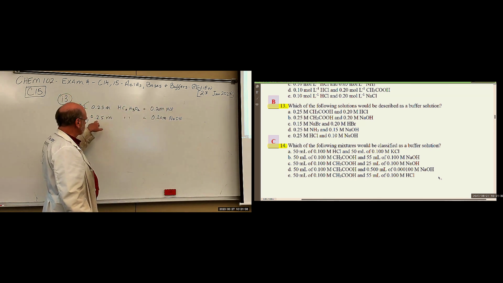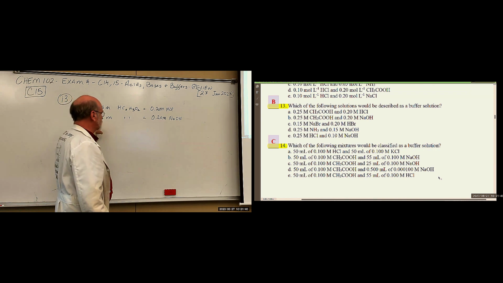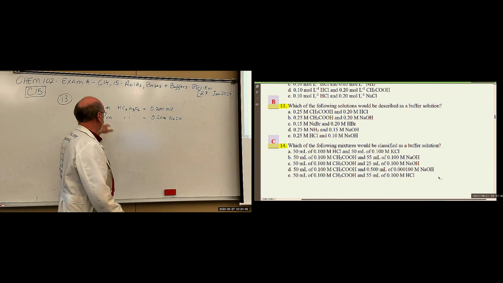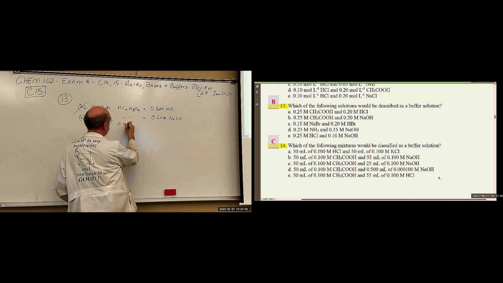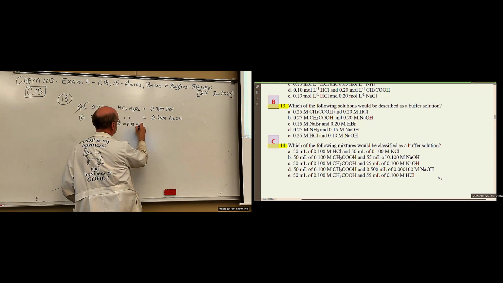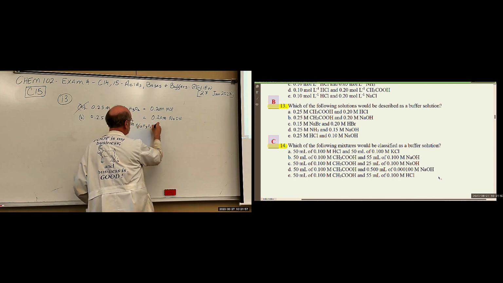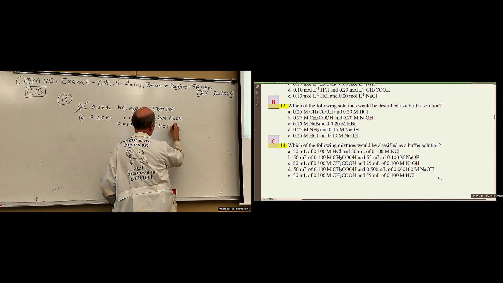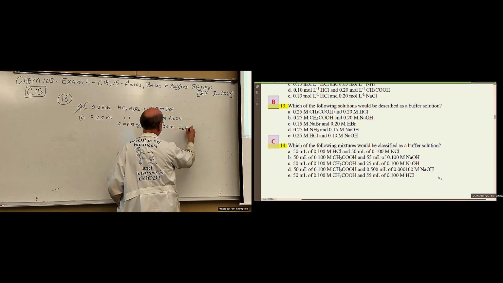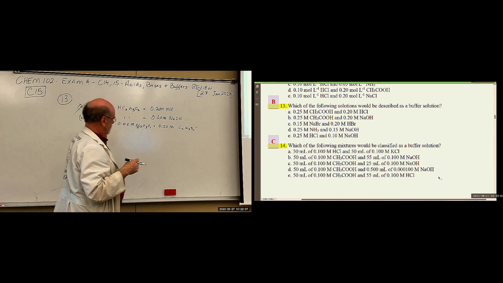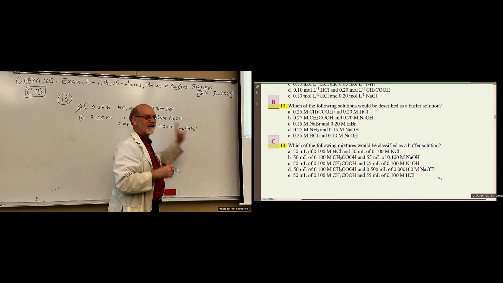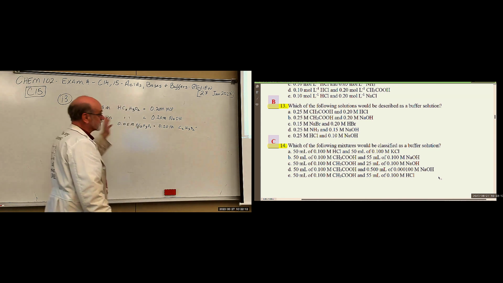Well, it would use up almost all of the acetic acid, but you'd still have a little bit left over. You'd have 0.05 molar left over. So you have 0.05 molar HC2H3O2, and then you have 0.2 molar acetate. Right. So that would be on the tail end of the buffer's region. So that's possible.